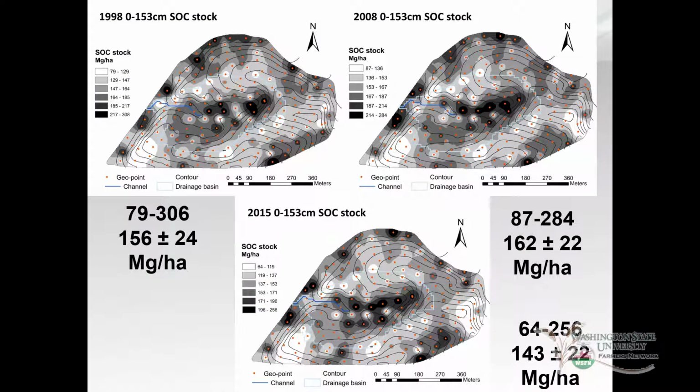And then if we look at the overall change in the whole 5 feet from 1998 to 2008 to 2015, we're going from 156 up to 162 and then down to 143. And so not a good story from the standpoint of particularly high disturbance kinds of direct seed equipment.